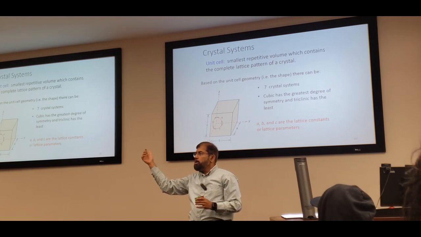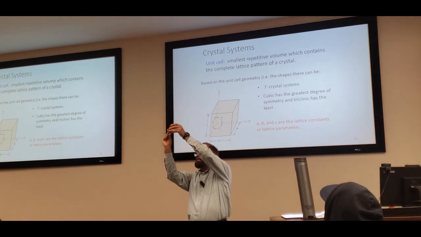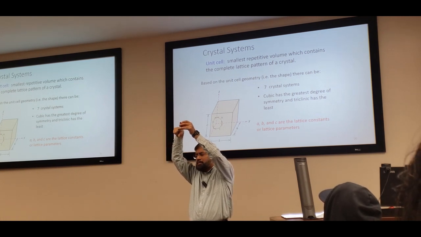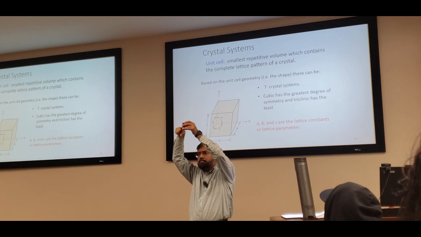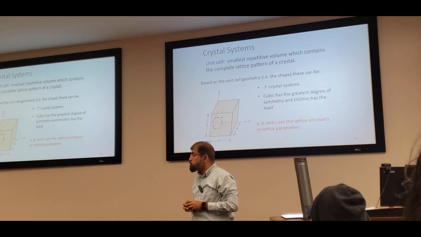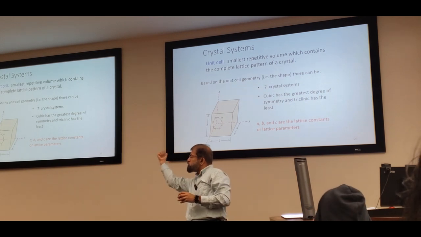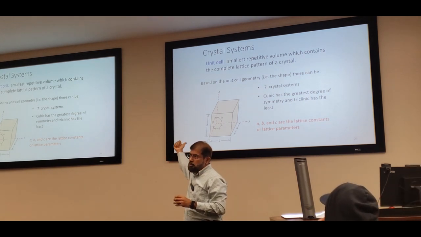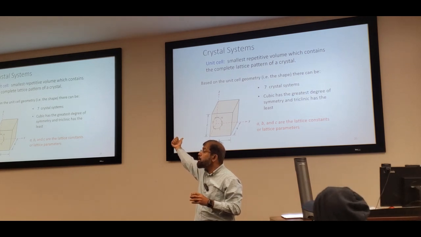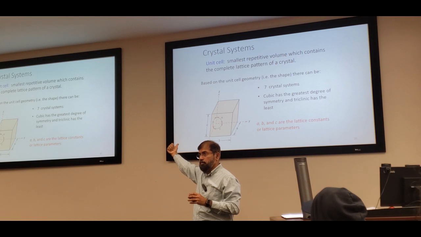So if this is the x direction, the one which is coming towards you is the positive x direction, and the one going in that direction, away from you, is the negative x direction.